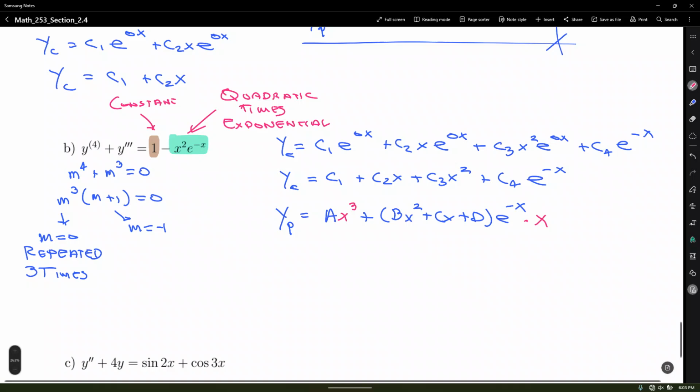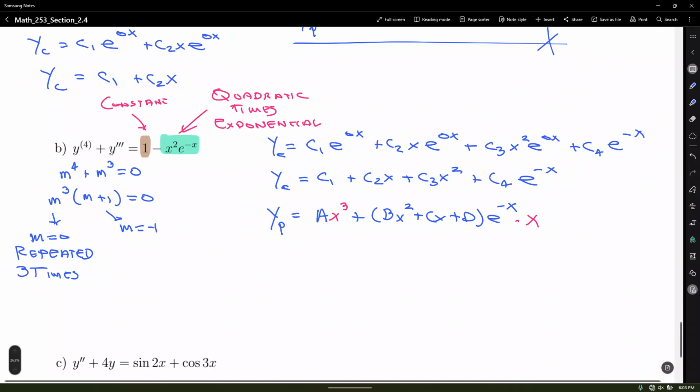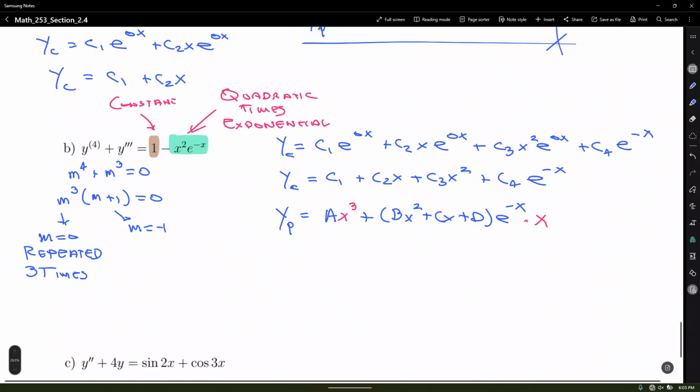That works. All right. Well, do we really want to rewrite? Well, maybe yes. Why not? Because what if you were to actually solve the problem? Well, y sub p equals ax cubed plus, distributing the x, bx cubed plus cx squared plus dx, times e to the negative x, all right? Because you don't want to do a triple product rule.